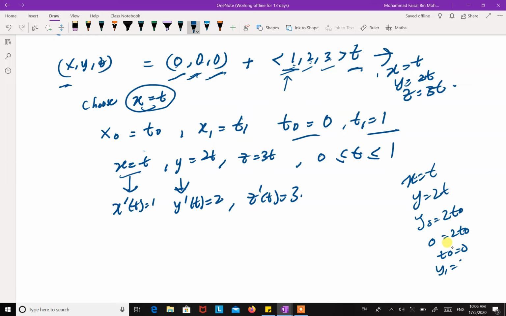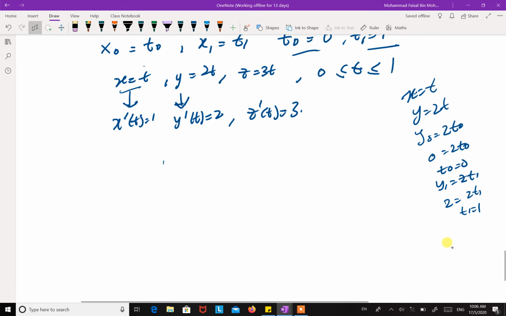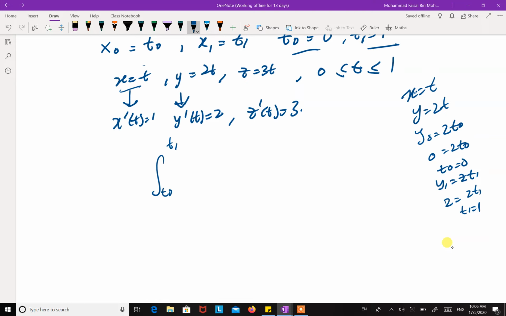So y1 will be 2t1, y2 will be 2t2, y3 will be 2t3. So y1 is 2 from here, so 2t1, your t1 will be 1. So your integration will be from t0 to t1, which is 0 to 1. Okay, so I continue to find the line integral.